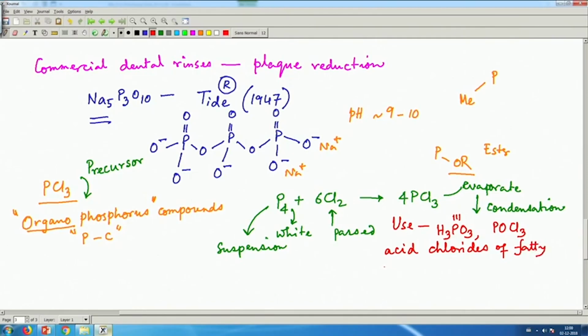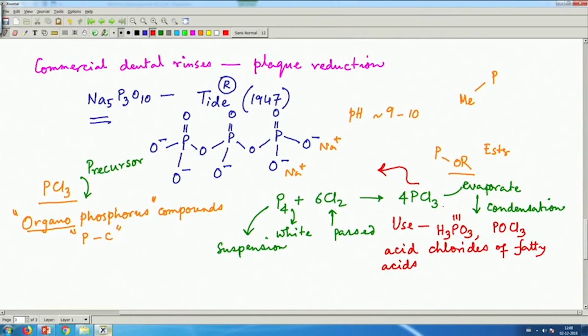That means this is a very good chlorinating agent. It can provide chlorine to the organic molecule, converting it to the corresponding acid chloride.